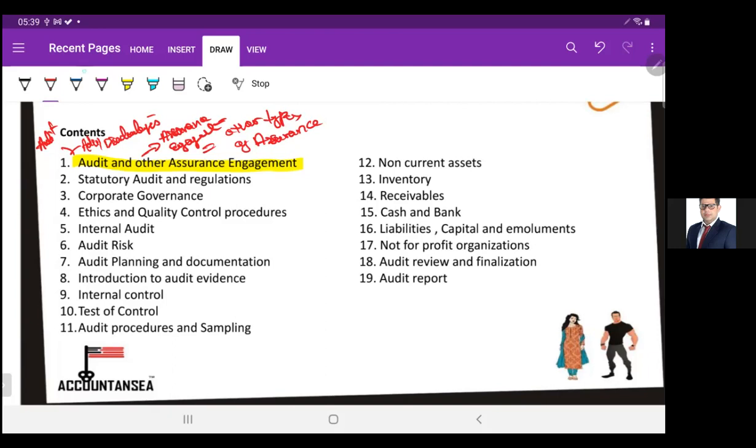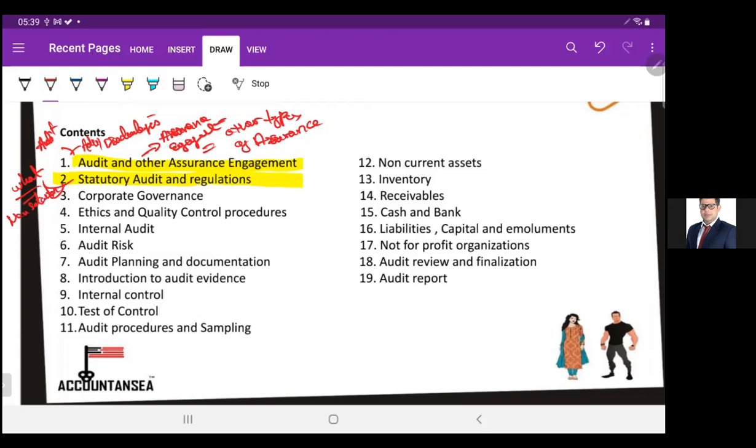Then we have the next chapter known as statutory audit and regulations. First, we will find out what is statutory audit and what is non-statutory audit.